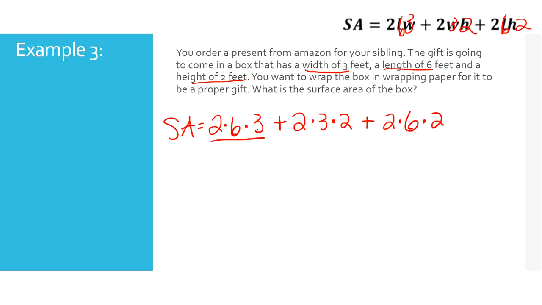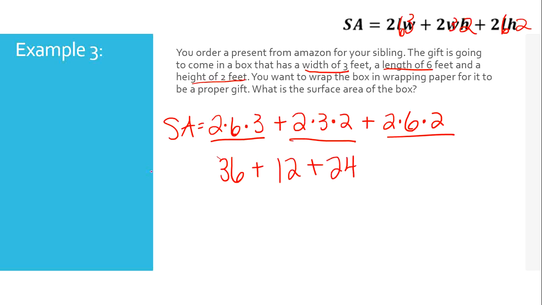So remember, you're going to do all the multiplication in your calculator first. So 2 times 6 times 3 is 36, plus 2 times 3 times 2 should be 6 times 2, which is 12, plus 2 times 6 times 2, which should be 24.